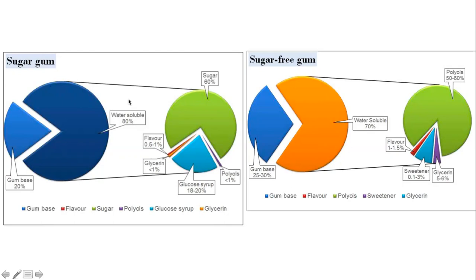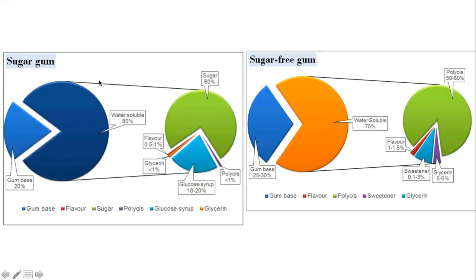When we consider this 80%, you can see 60% is sugar and flavors are 0.5 to 1%. Glycerin is there, glucose syrup is there. We have to use glucose syrup to avoid sugar inversion and to get the proper texture. Polyols are also used.